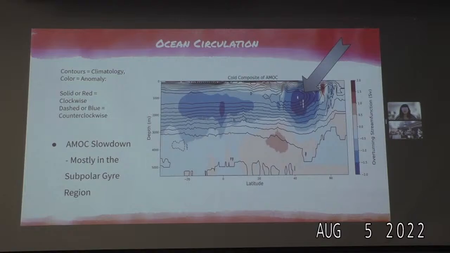Normally, these contours would represent that the overturning circulation flows northward at the surface and then comes back and flows southward at depth. And this blue coloring signifies that instead of flowing in that normal clockwise rotation, there's a slight counterclockwise rotation, or again, just a slowing of the circulation in general.